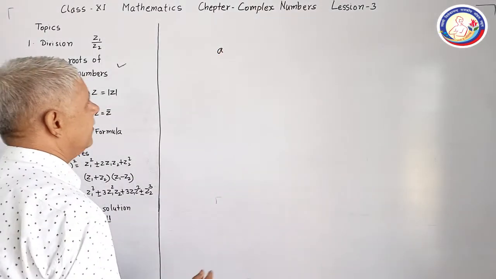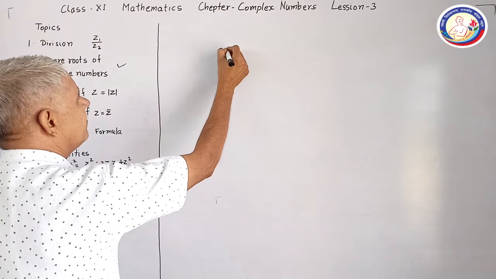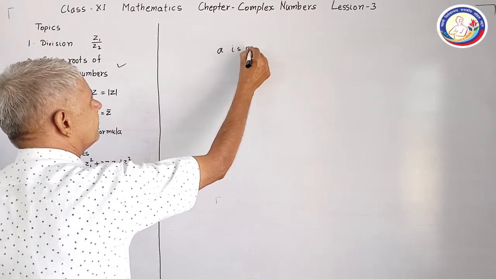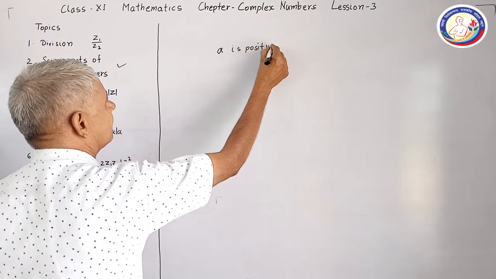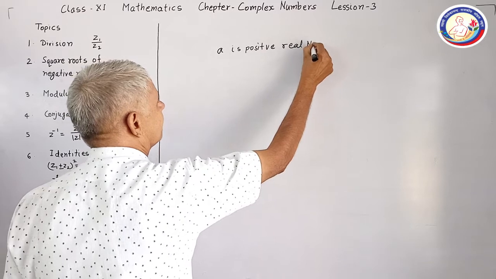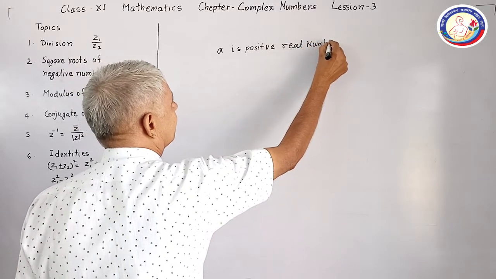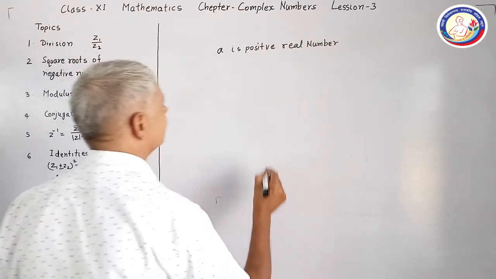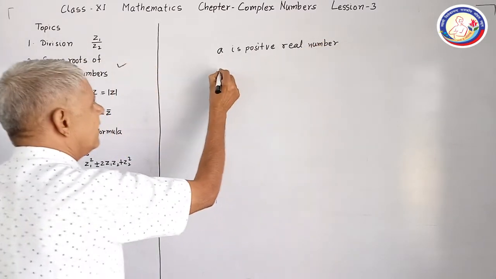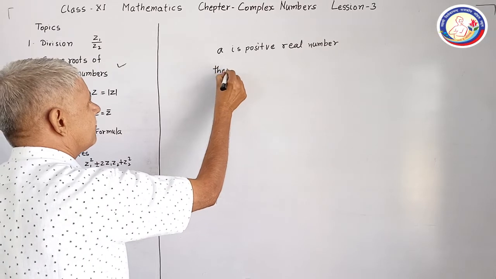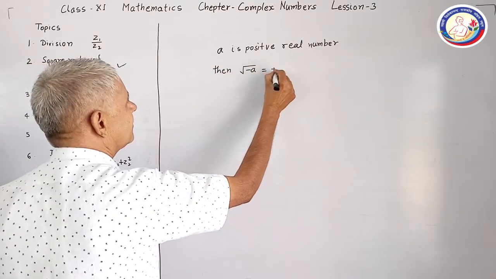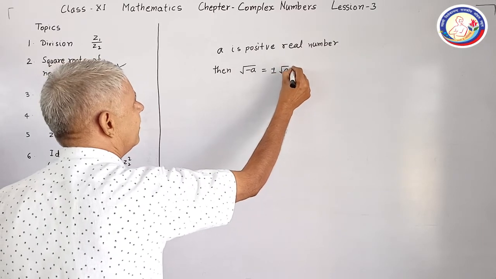So, if a is a positive real number, then the square root of minus a will be plus minus square root of a iota.